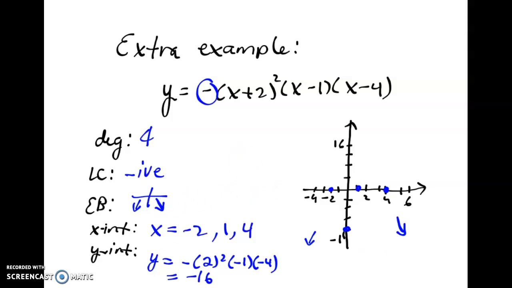Okay. This time there is something special, right? There is that squared, and so that squared is going to cause a bounce on the x-intercept of x equals -2. Okay.